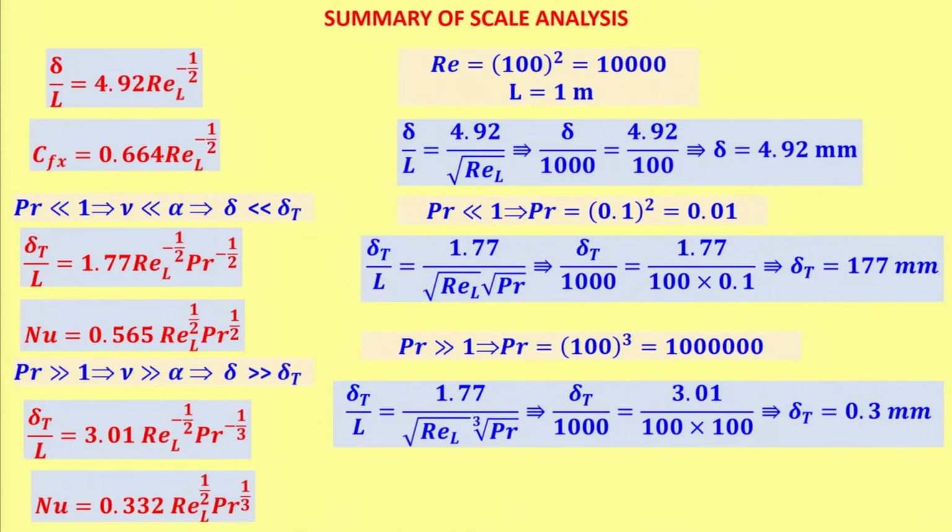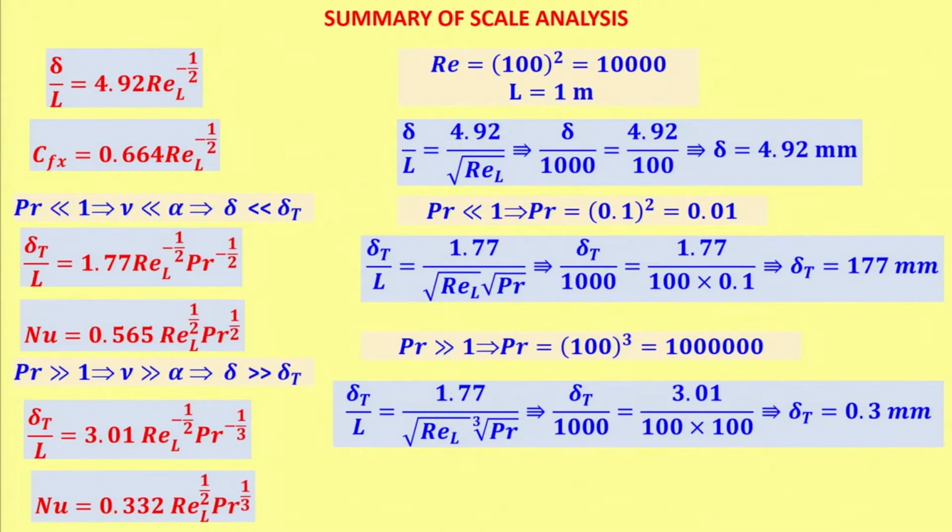Delta by L equal to 4.92 over square root of REL gets you delta is 4.92. Now for Prandtl number less than 1, I am taking a Prandtl number of 0.01, that is 0.1 whole square. So delta T by L, if I substitute all of that, I get 177.